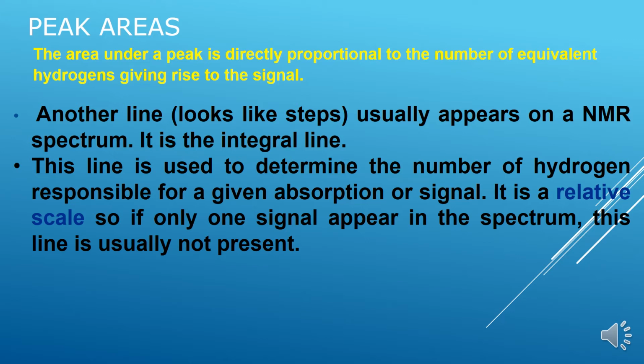It is a relative scale. If only one signal appears in the spectrum, this line is usually not present. If multiple splitting is observed in your signals, then this type of line is drawn.